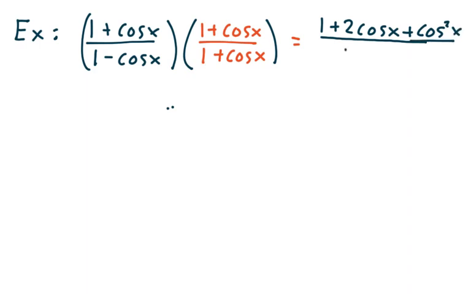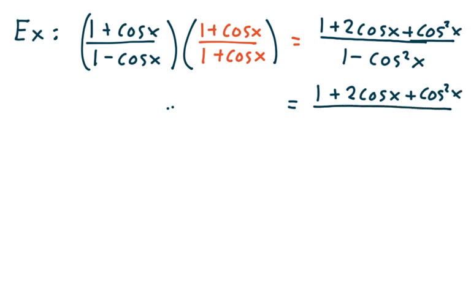In the denominator, we have 1 minus cosine squared x. And so this is 1 plus 2 cosine x plus cosine squared x divided by sine squared x.